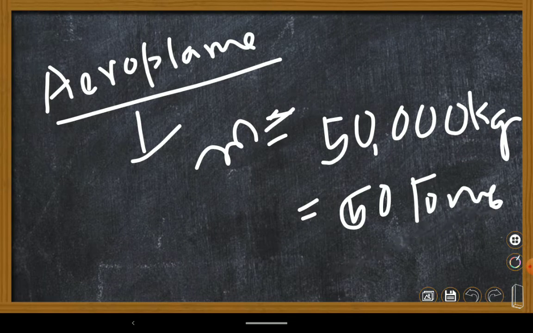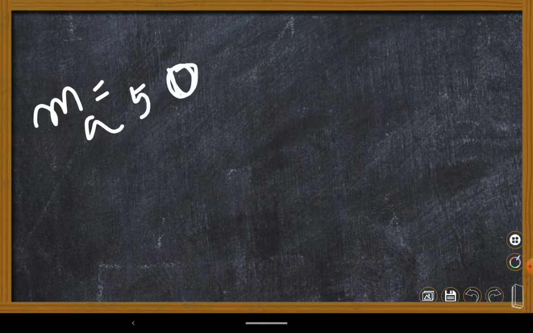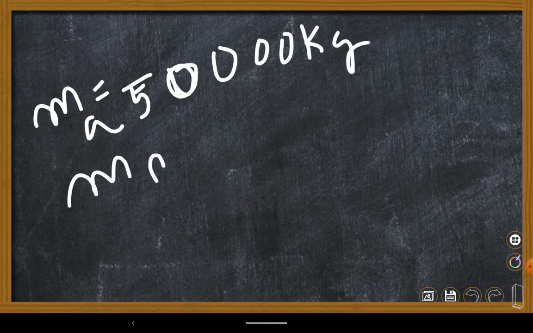Let the mass of the airplane be ma. Here a is not multiplying with m; it is just a system of notation. So the mass of the airplane is 50,000 kg, and the mass of the Ferrari, mf, equals 1500 kg.